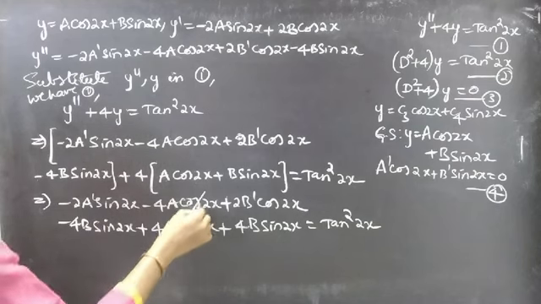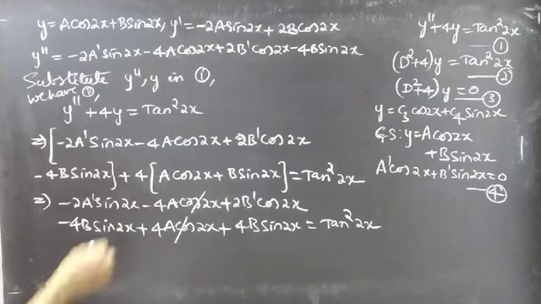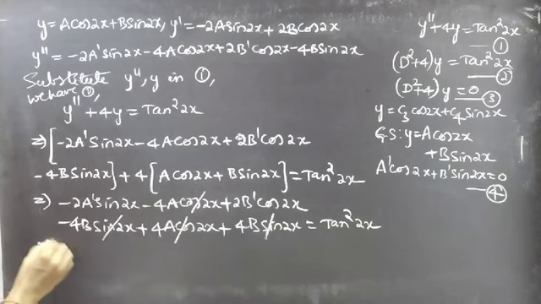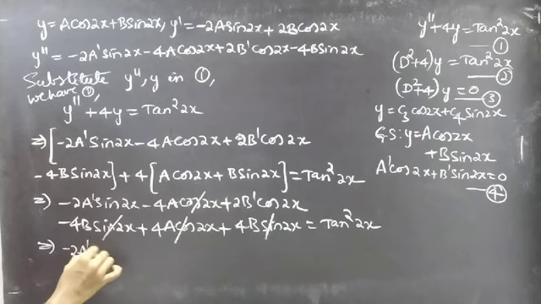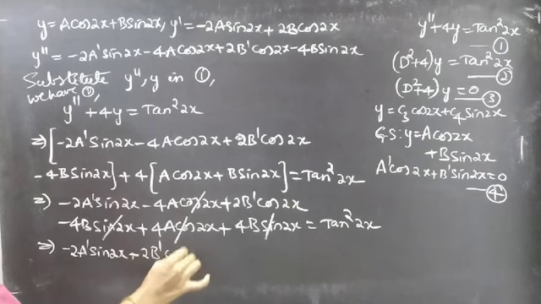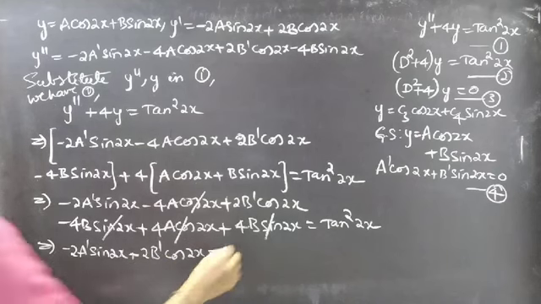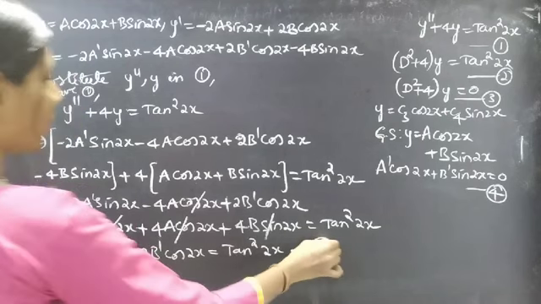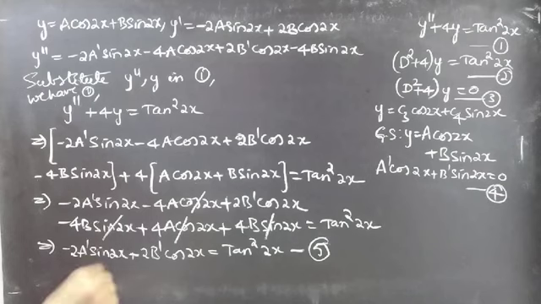So here minus 4a cos 2x plus 4a cos 2x gets cancelled, and minus 4b sin 2x and plus 4b sin 2x gets cancelled. We'll get minus 2a' sin 2x plus 2b' cos 2x equal to tan square 2x. Consider it as equation number 5. Now we'll solve equation 4 and equation 5 to find a' and b'. Okay, let's solve 4 and 5 now.